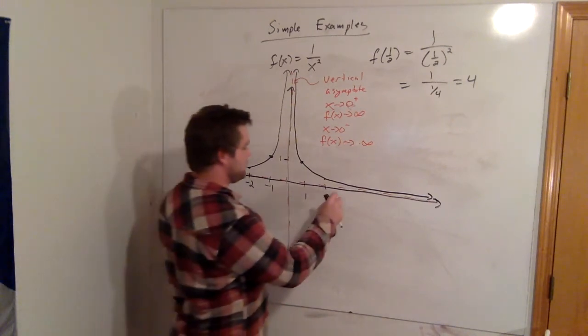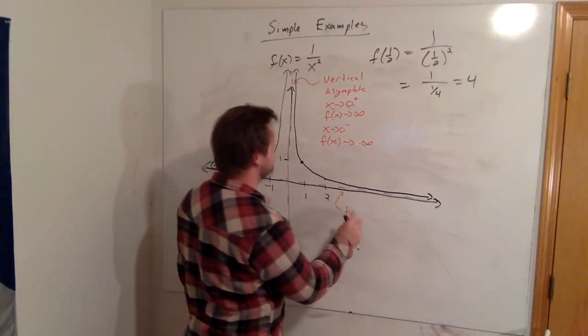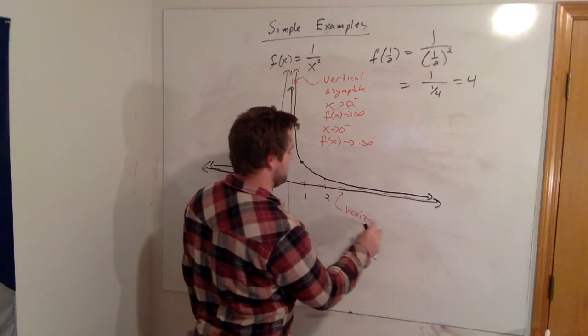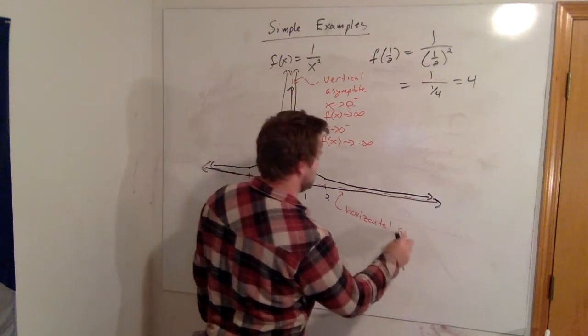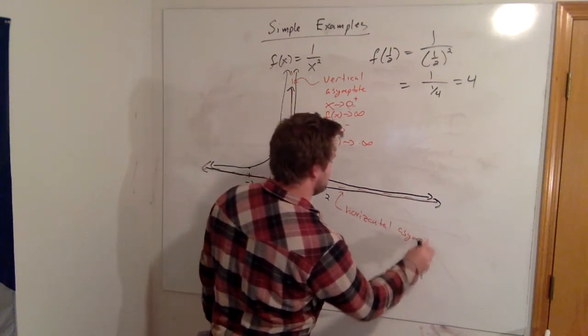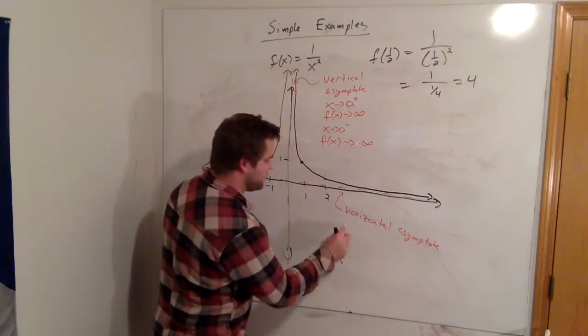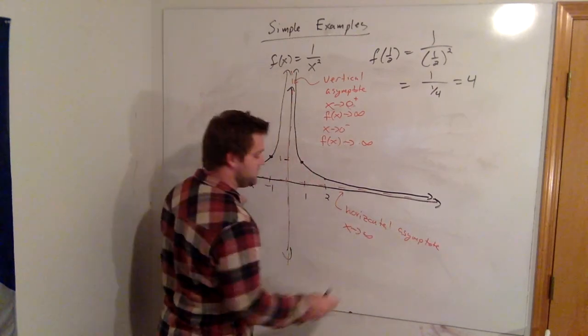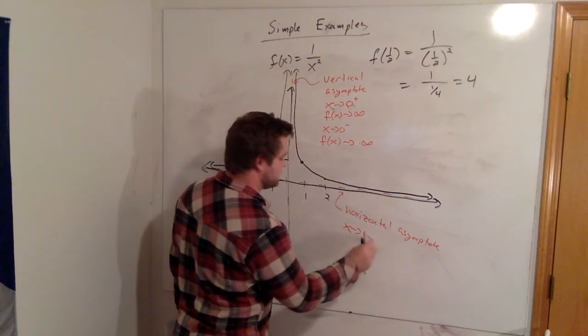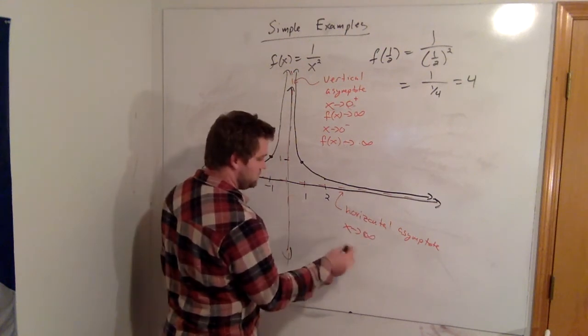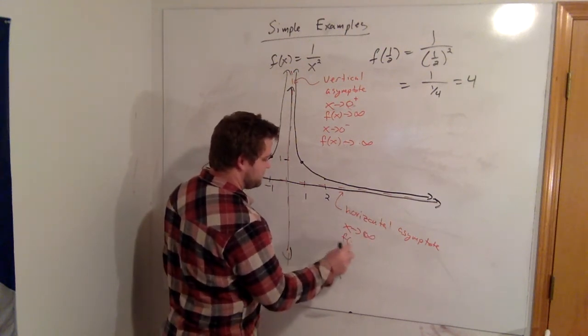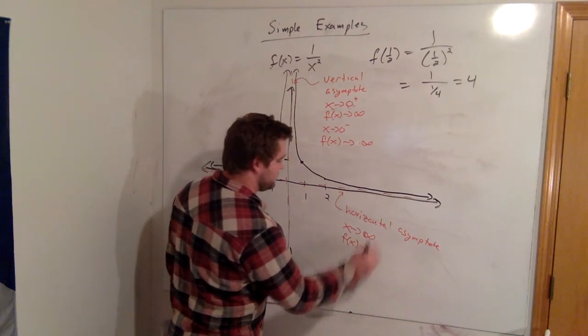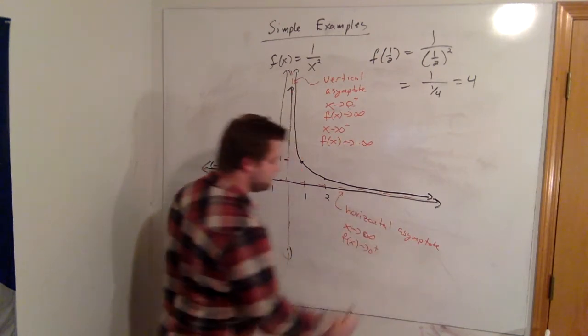If I wanted to describe what's going on with this horizontal asymptote, I could say, well, as x gets closer to infinity, f of x is getting closer to 0 from the positive side.